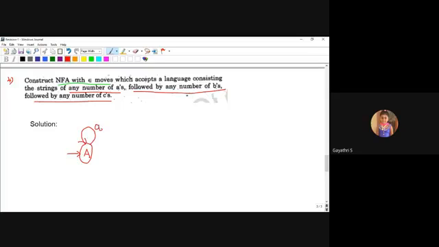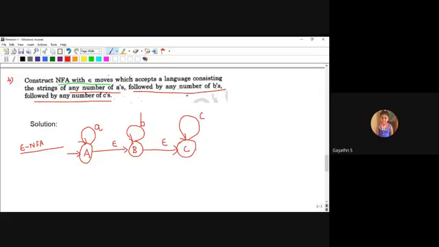I will draw the transition diagram of epsilon NFA. In your exam, you will add the transition table also, if it is a part B question. Any number of A's followed by any number of B's. As this is epsilon, without reading any input, it will move from one state to another state. Any number of B's followed by any number of C's.